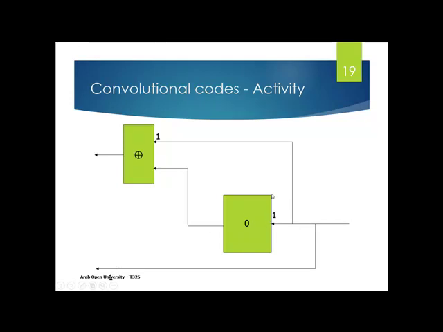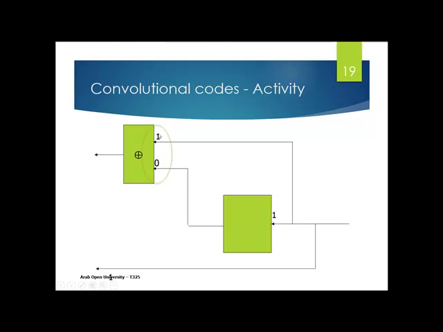So now let's see how the storage element works. Now the storage element is initialized to 0. At the clock signal, the 1 arrives, and it will, between brackets, push the 0 value that is inside the storage element. So it will move to the output of the storage element, and thus will go to the input of the XOR gate, and the 1 will be stored in the storage element.